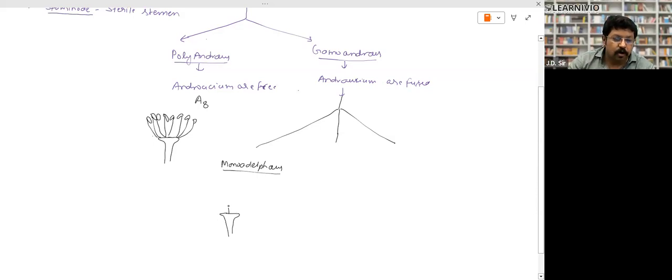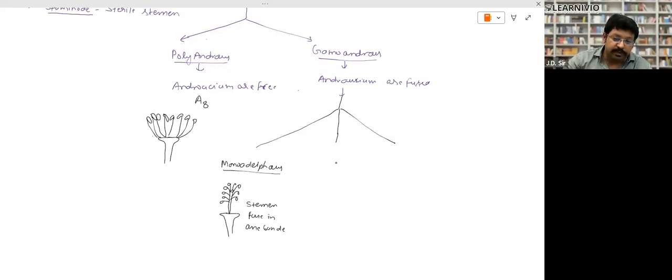In one thalamus, you will see that in rows, all the stamens are fused in a single group, right? So you can say stamens fuse into one bundle. If stamens fuse and make a single bundle, this is called the monoadelphous condition.